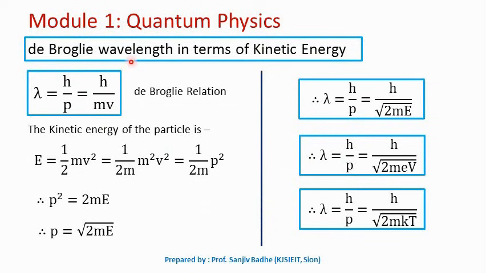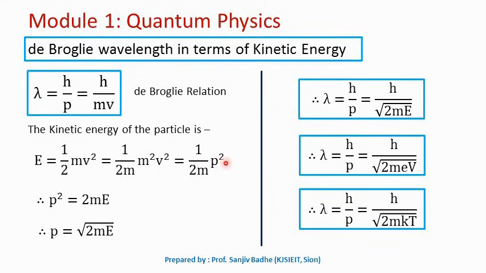This de Broglie relation can be written in terms of energy also. We know lambda equal to h upon p, that is equal to h upon mv. Kinetic energy of the particle can be written as 1 by 2 mv square. So just multiply and divide by m, we will get 1 by 2 m square v square, and m square v square is nothing but p square, momentum square.